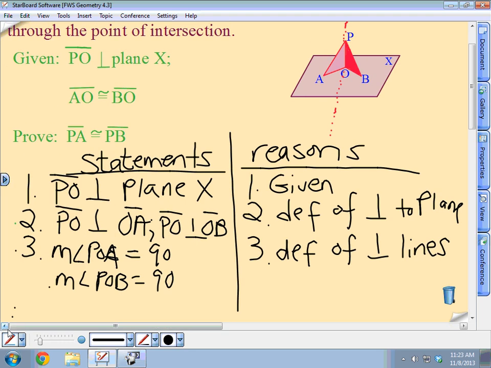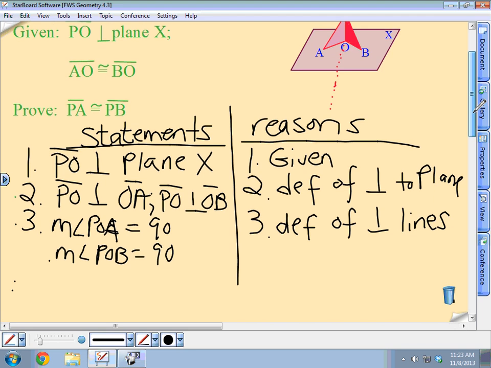Everyone's following along, okay? At some point, I'm going to have to scroll up a little, guys, because I won't be able to write. What does that tell me? The measure of angle POA equals the measure of angle POB. Well, if the measures are equal, what can you say about these two angles, guys? They're congruent, right?